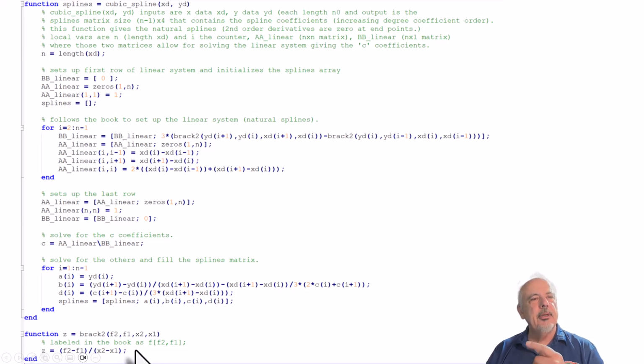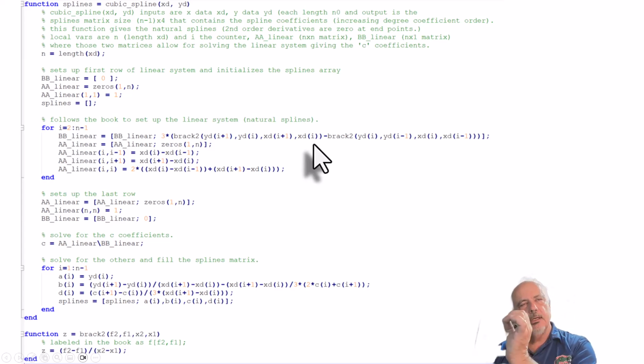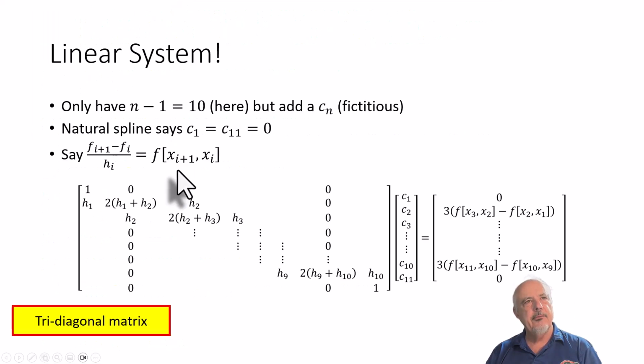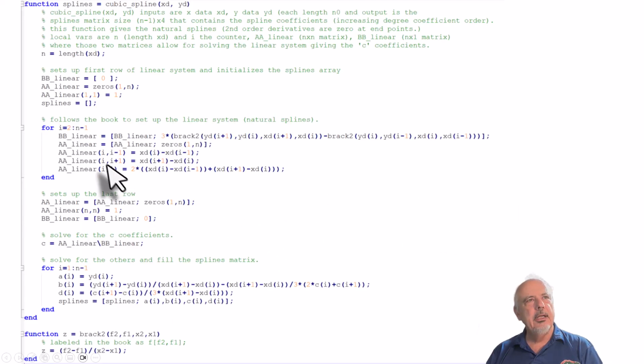So my BRAC 2s are coming in and taking care of the right-hand side, the 3 times the FBRAC difference. And then for my AA linear, I keep what I had before and just concatenate the next row.